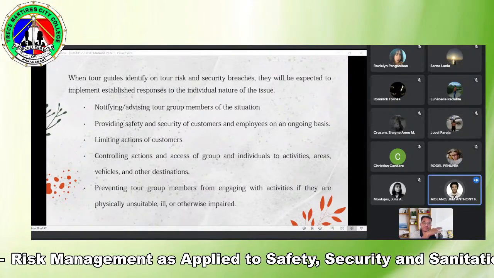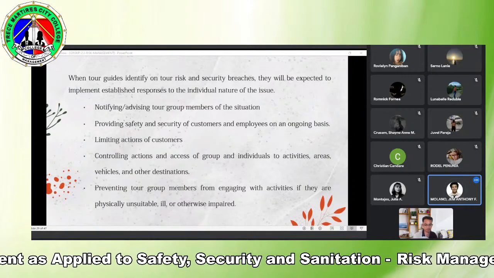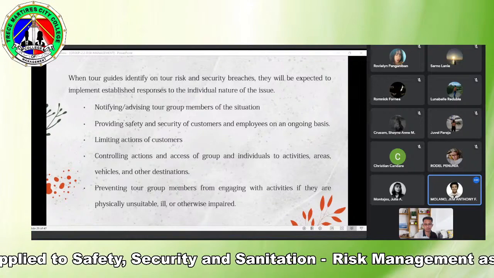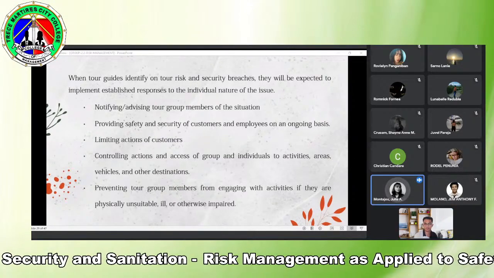Parang sinasabi po niya na... Ako na lang po, sir. Sige, go ahead. Sa Tagalog po yung sinabi niya.